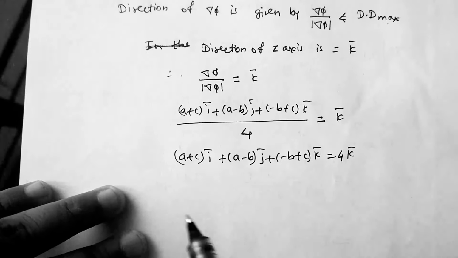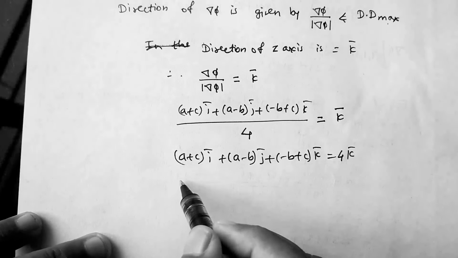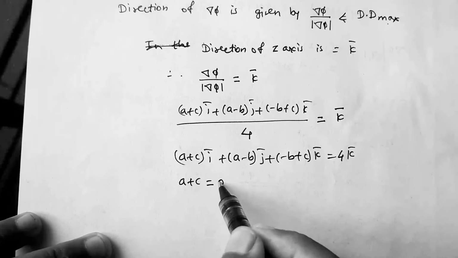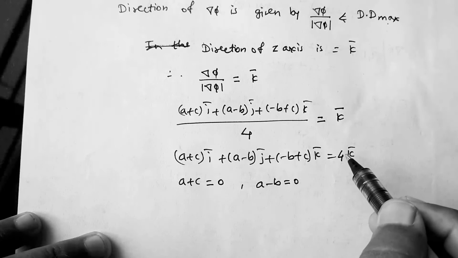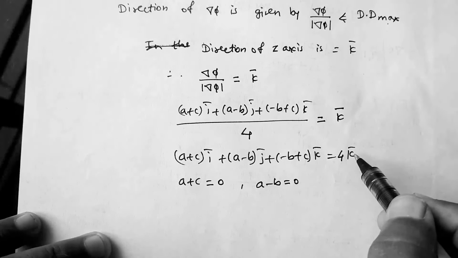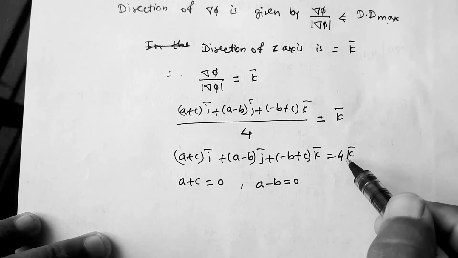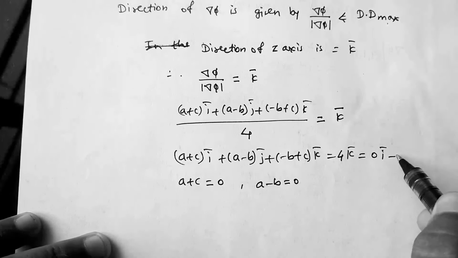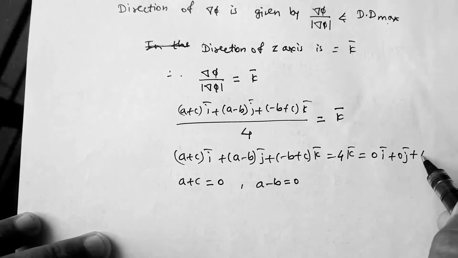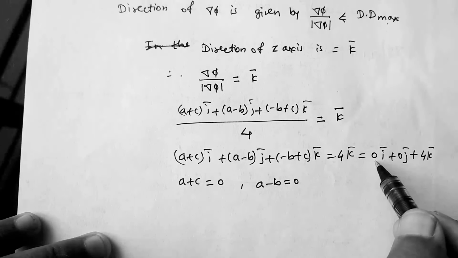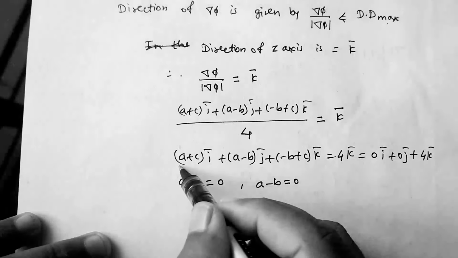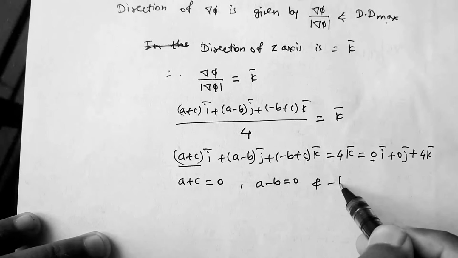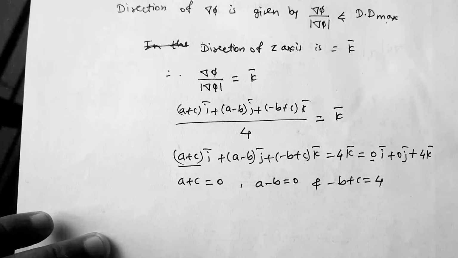Now by comparing the coefficients of i bar, j bar and k bar, the value of a plus c is equal to 0, and a minus b equals 0, because here i bar and j bar are absent, so the coefficient of i bar is 0, and the coefficient of j bar is also 0. That means this is 0 i bar plus 0 j bar plus 4 k bar. So comparing the coefficients, a plus c equals 0, a minus b equals 0, and minus b plus c equals 4.